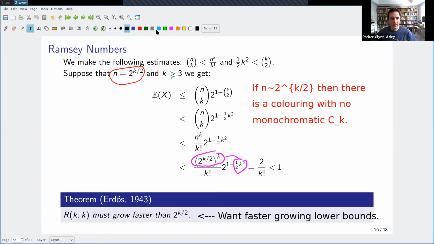Beautiful. So this is crazy. This is saying if you want a coloring with no monochrome K_k, just make a huge graph and flip coins randomly. And that will produce the object you want.